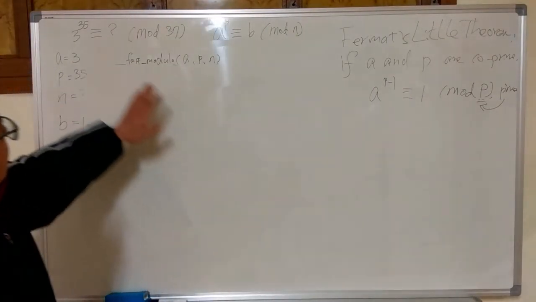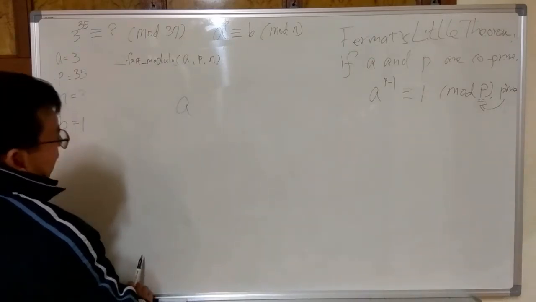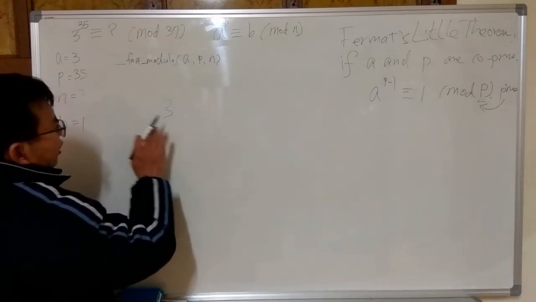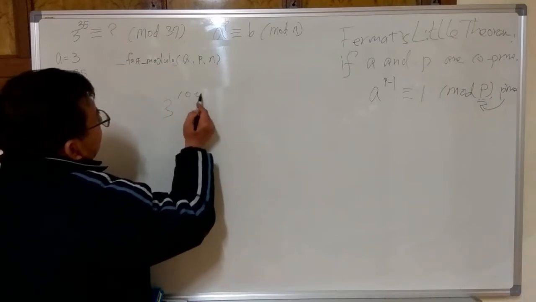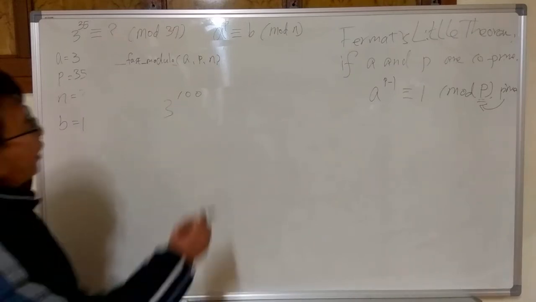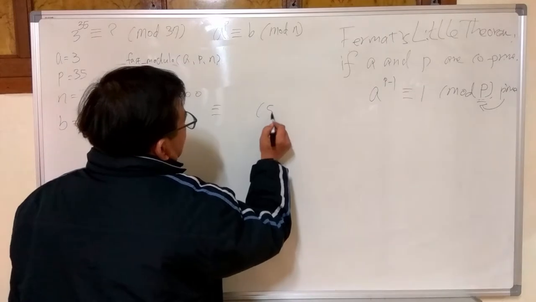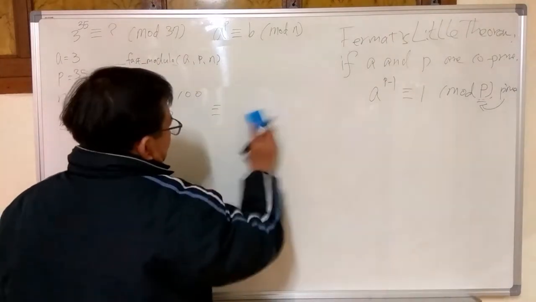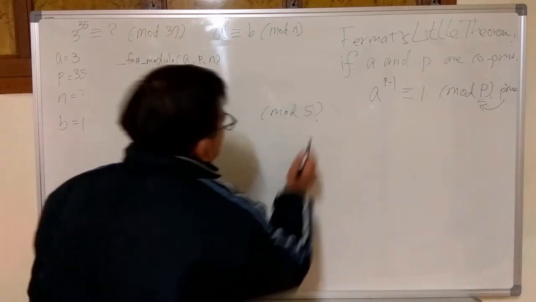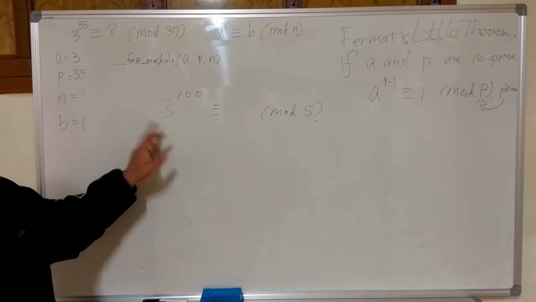For example, say when we operate on big numbers like 3 to the power of 100, for example, and we want to take mod 5. 5 is a prime number.